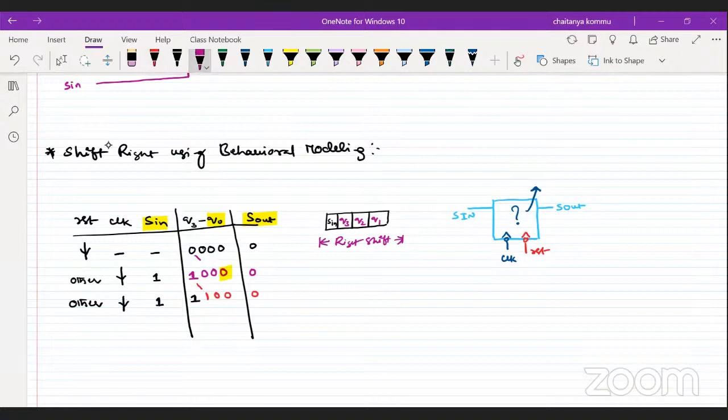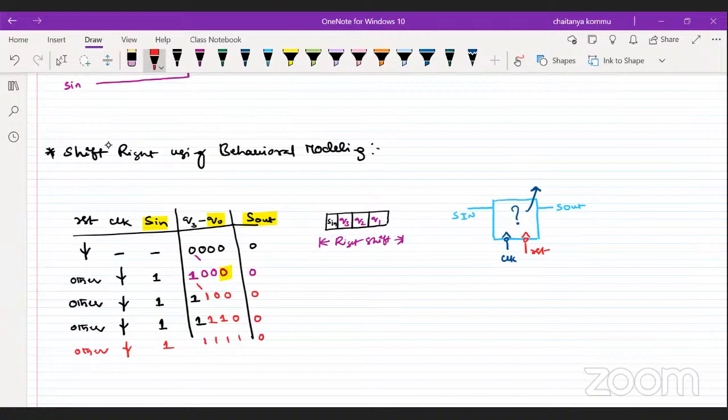What about other cases? For other cases, for the negative edge of the clock, when we apply it, another 1 is observed here. The 1 is previously Q3, Q2 to Q1. This is 0. For the last one, if you apply the negative edge, 1, 1, 1, 1 will be there.